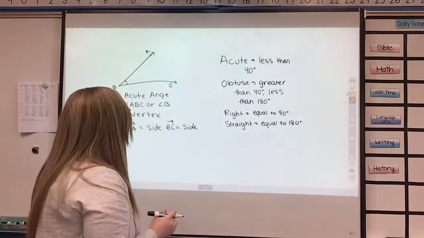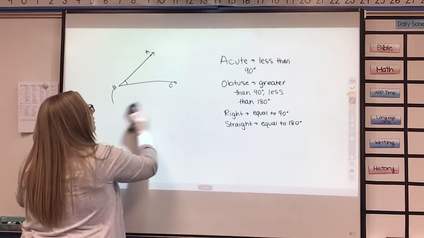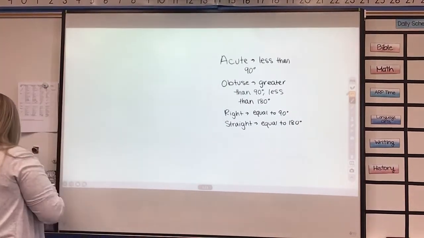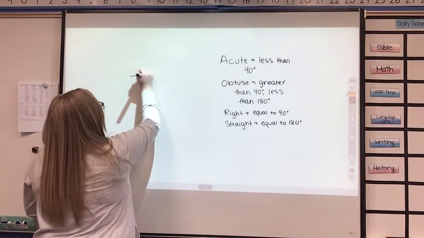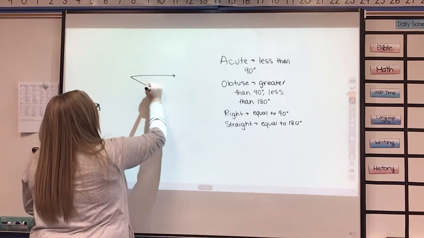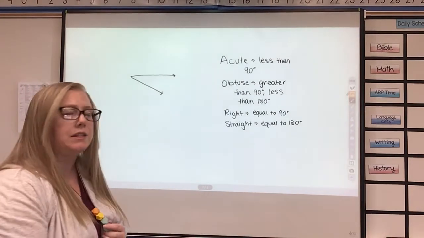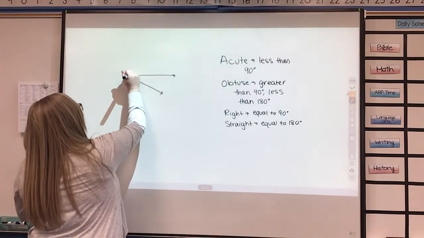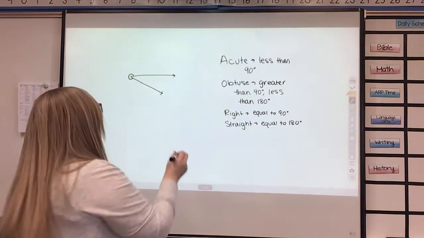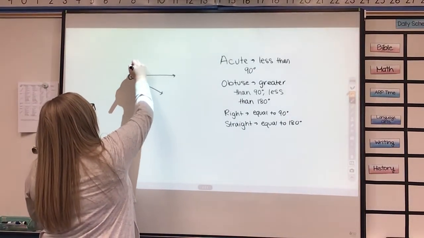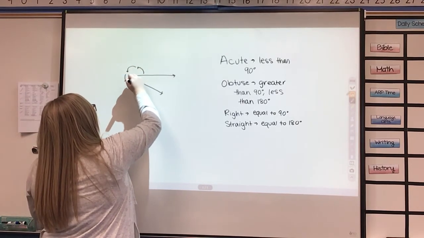And I have one more angle that I am going to talk to you about, and that is called a reflex angle. So I'm going to erase this one right here. I might be given an angle like this, but the key difference is that it has this little angle sign on the outside. All that is saying is that this line goes all the way around.